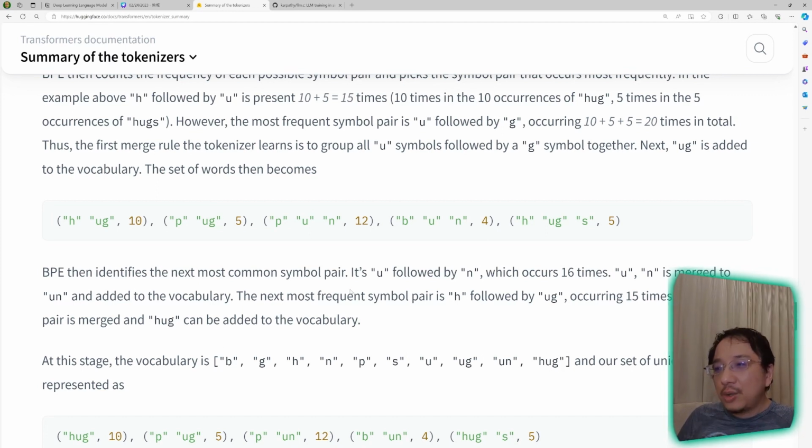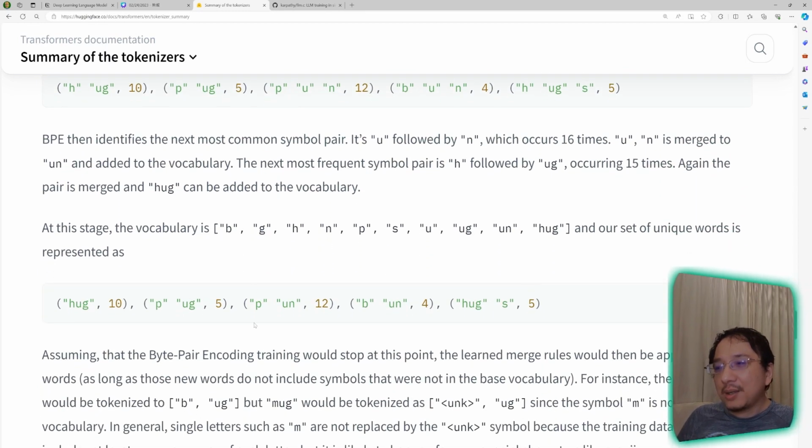We can continue doing so until we reach the predetermined size of our dictionary. Then we can stop and have our result.